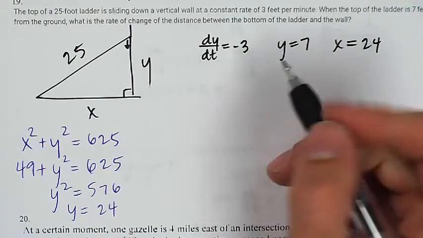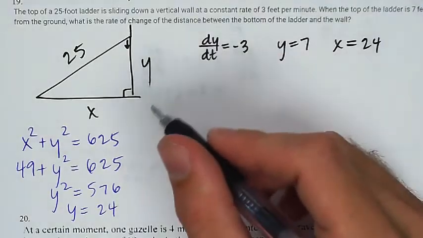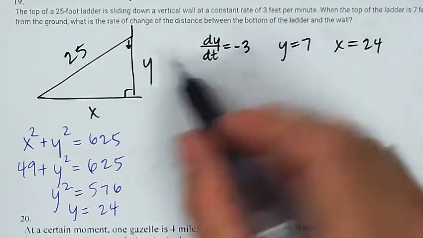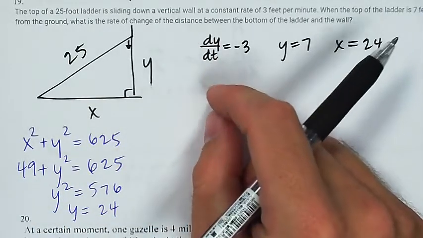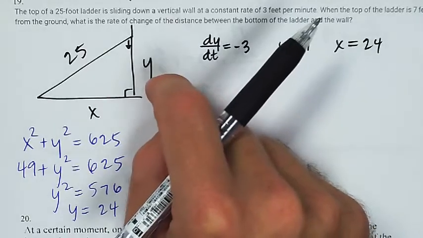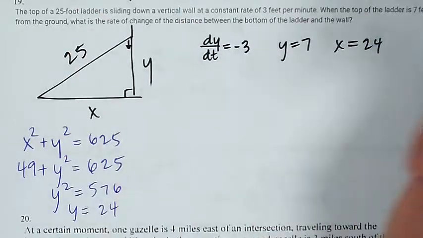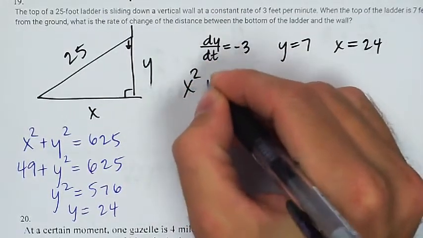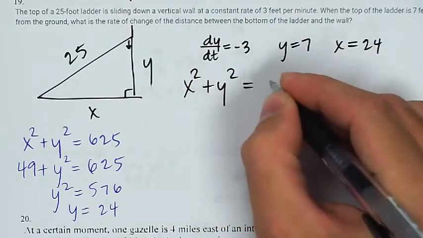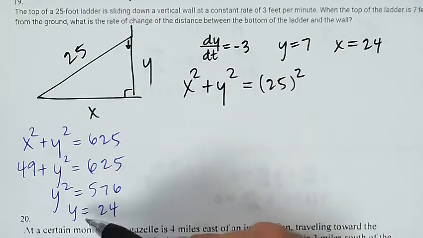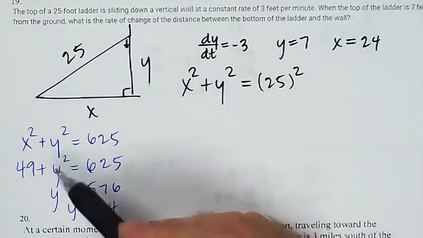Now I need some derivatives. I need to introduce a dy/dt to figure out dx/dt. So I need an equation that describes the relationship between x and y. And so I'm going to say that x squared plus y squared equals 25 squared again, because we know that's true. Now if you don't know the triples and you don't know what 25 squared is, you'd have to use a calculator.